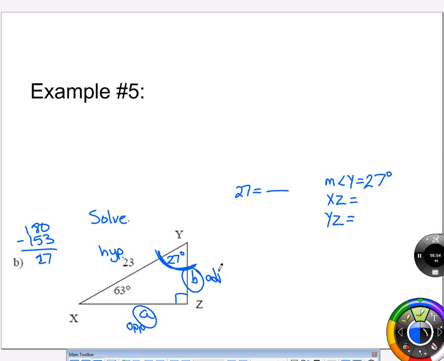So I don't want to use tangent, but there are other options. So what do you guys want to use? Sine? Okay, so let's say I choose to use sine. Okay. So the sine of 27 is going to be opposite over hypotenuse. So opposite, which is my variable A, the little thing that's missing that I don't know, over hypotenuse, which in this case is 23.